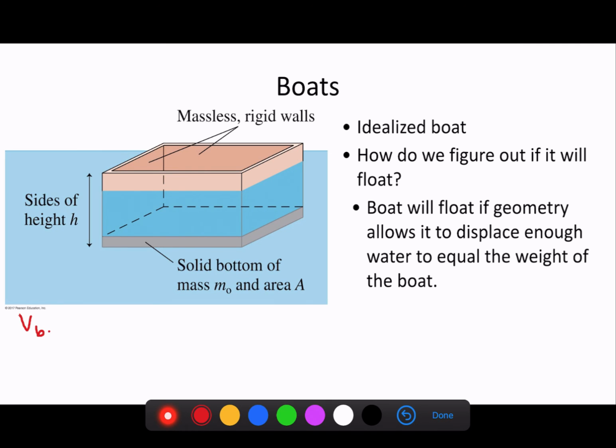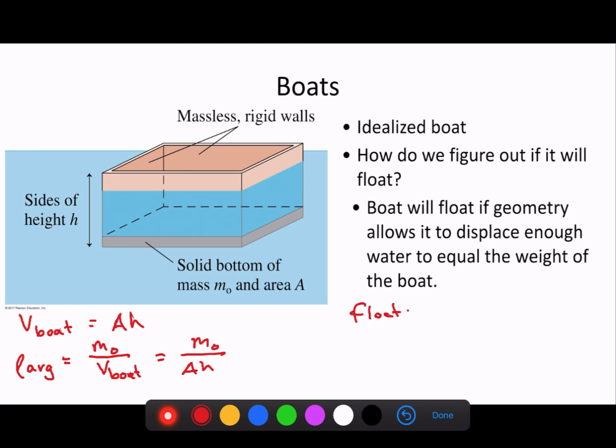So let's start with examining the volume of the boat. That's going to be the area times the height of the walls, which means that the average density of this boat, which happens to have a mass m naught, is going to be that mass m naught divided by the volume of the boat, which we can rewrite as m naught over A times h.